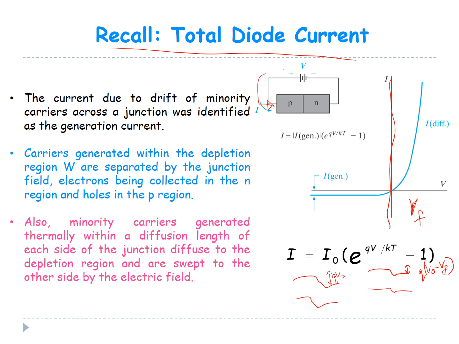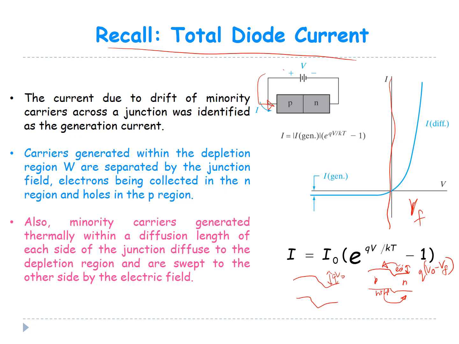When your barrier is lowered, it means that electrons now can diffuse from N to P, and holes also can diffuse from P to N. So this is your P, this is your N. Under a forward bias, we lower the barrier by the applied forward bias, and diffusion of electrons from the N side to the P side and diffusion of holes from P to N is possible. So we've got our diffusion current.